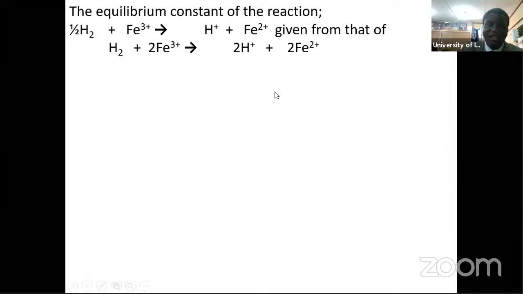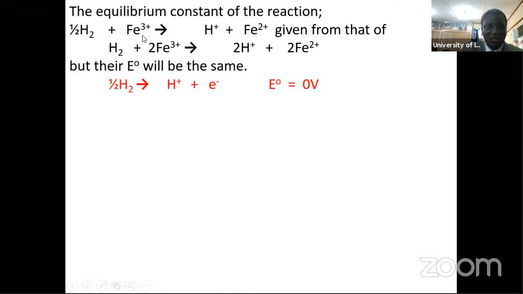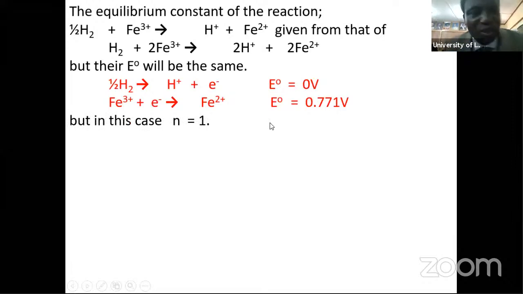So you go on and do similar thing to what we did earlier. You turn this one the other way. This is what you have here, but the net equation is H2. So just go ahead and calculate, and then you have your Fe3+ plus electron giving Fe2+.